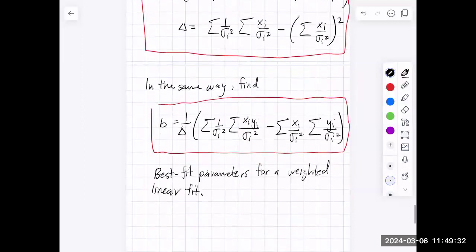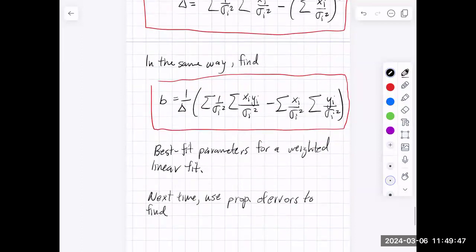Okay, so next time we use propagation of errors. Can you give us the covariance matrix in Python? Yeah, in fact, we will see where that covariance matrix comes from. Yes, we will see that.